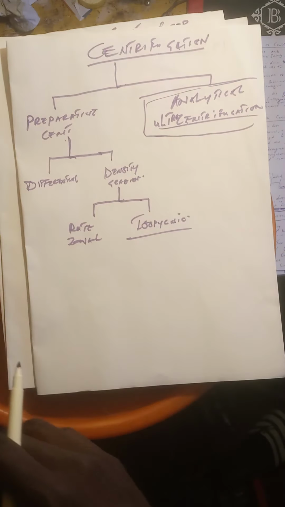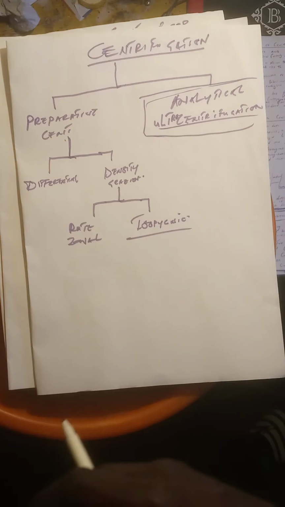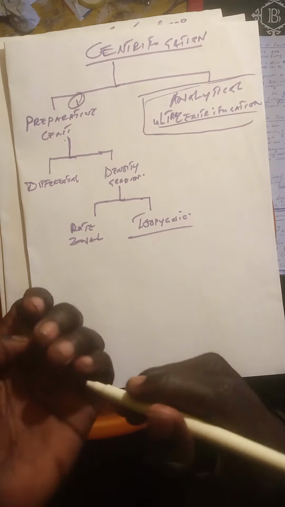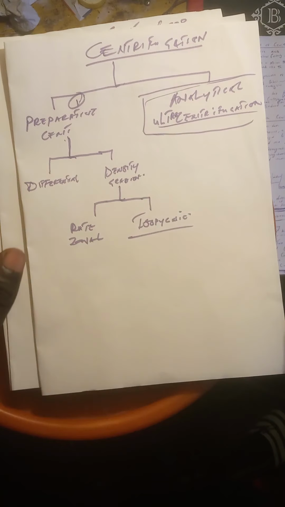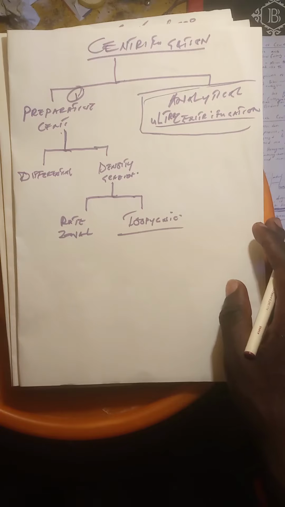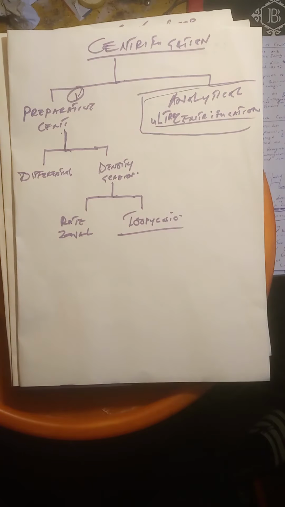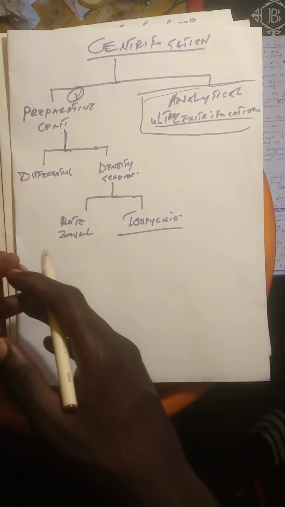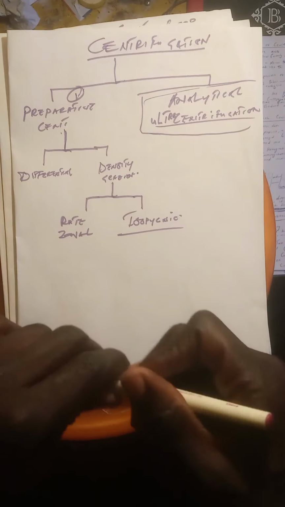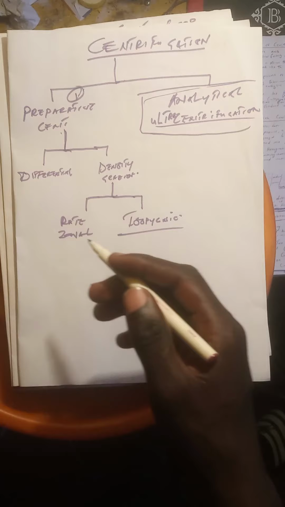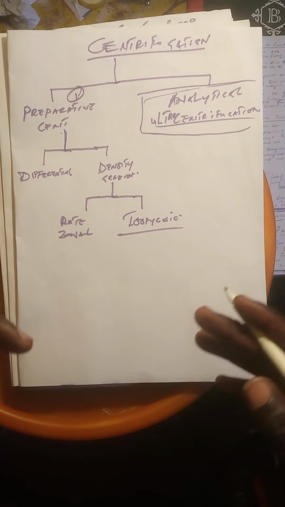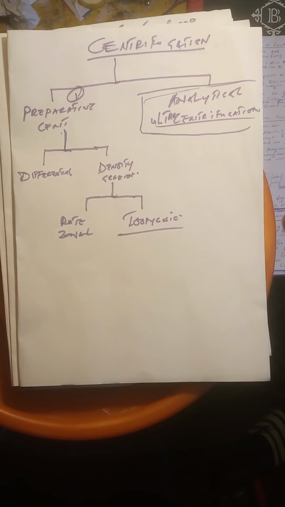So we can start looking at this preparative centrifugation. What is preparative centrifugation? Just from the word itself, preparative, you can see that there is preparation of something. So preparative centrifugation involves the preparation of a certain component or mixture or anything for further analysis.